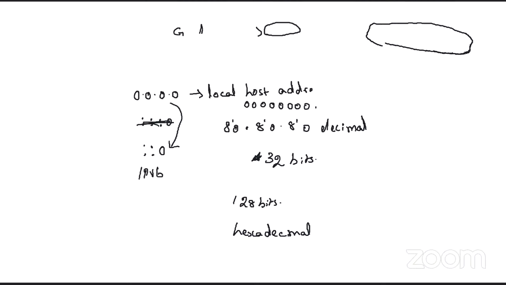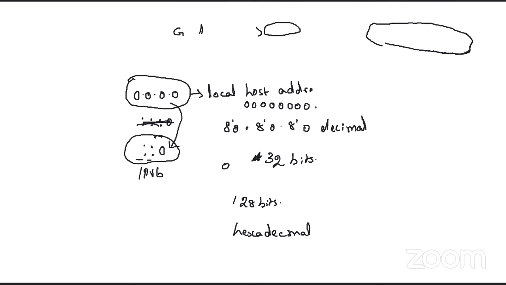Only the difference is that, apart from that, no other difference. Both are representing the same thing. The colon represents by default that this particular content will be 0. Ma'am, both are the same? Yes, both are the same, but this is the IPv4 version representing the address, and this is IPv6 representing the address.